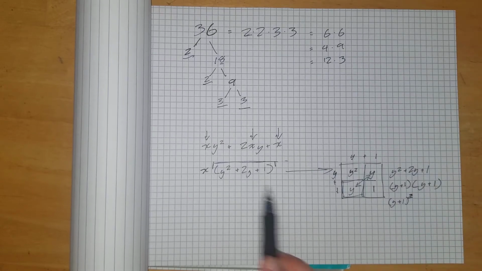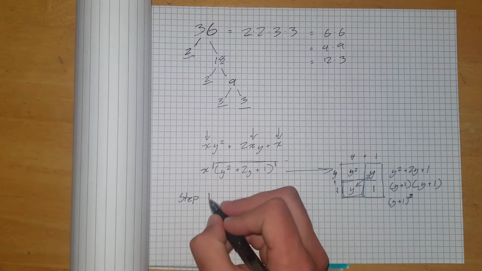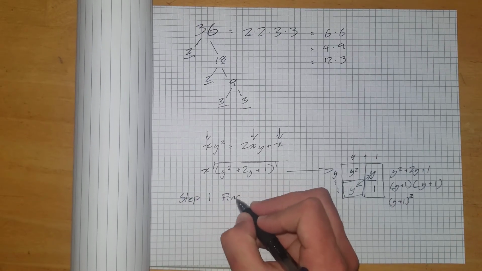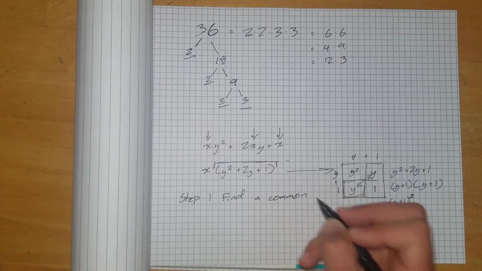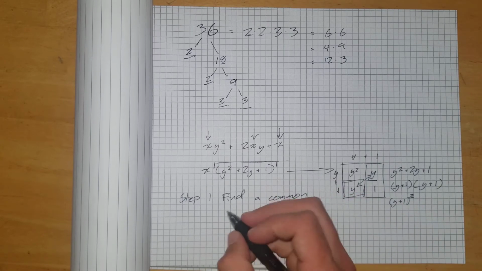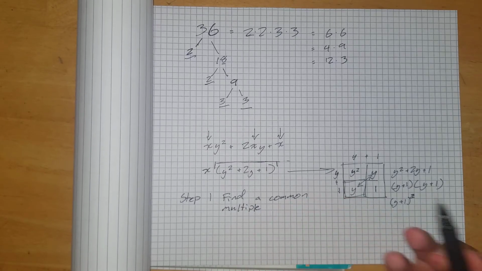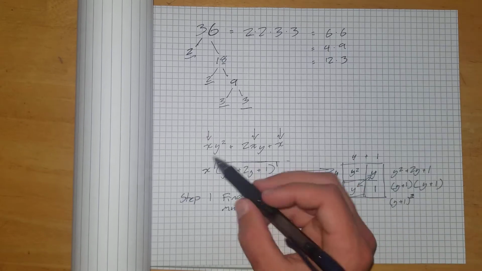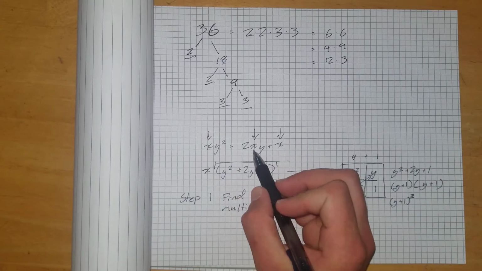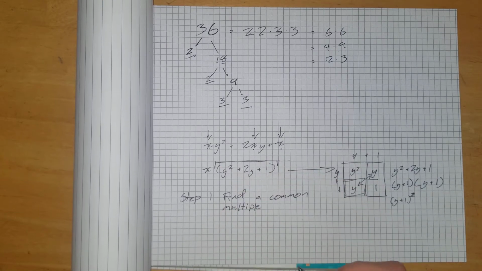So the first thing you want to do, step 1, is find a common multiple. You could say divider, it's the same type of thing, but all of these are multiplied by x, and that's why I was able to pull out this x.